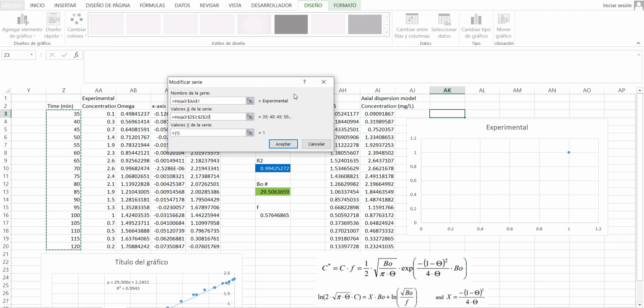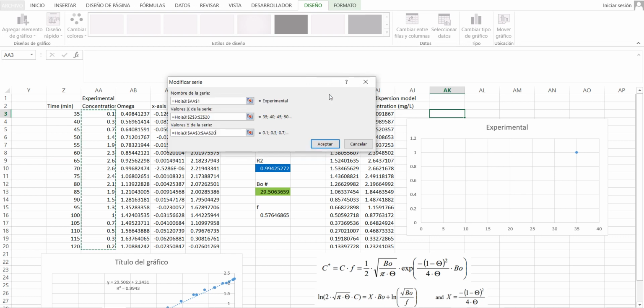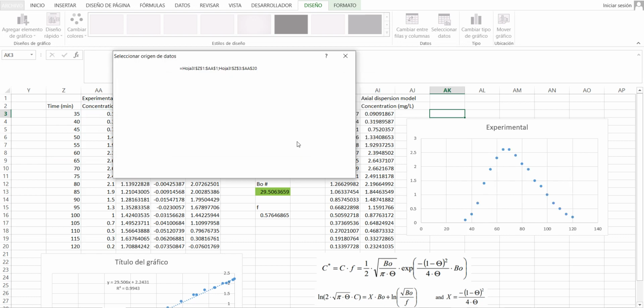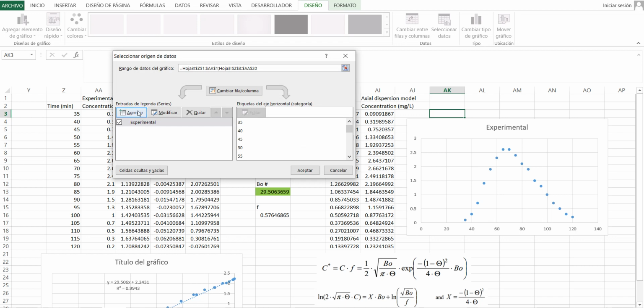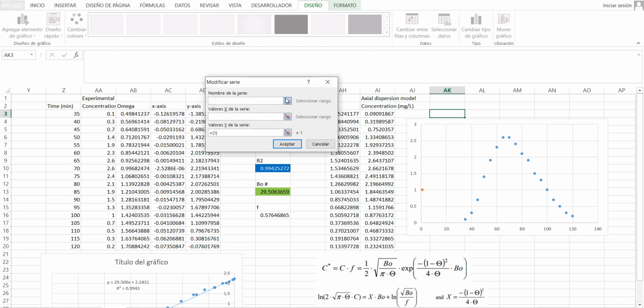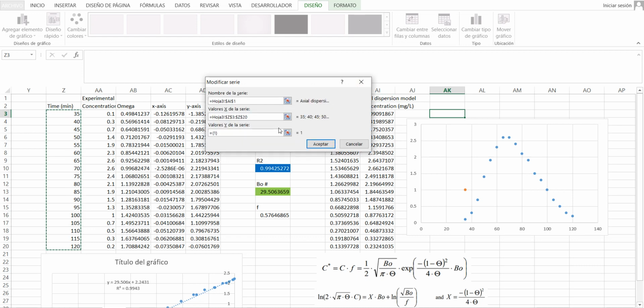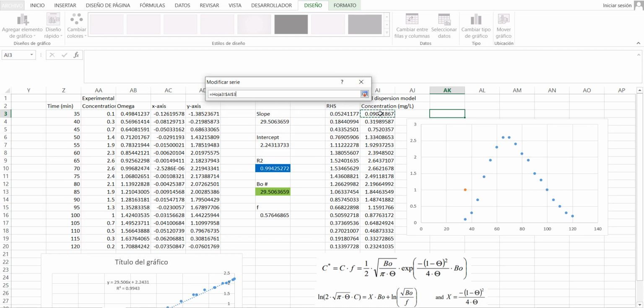The y-axis would be the concentration given by the problem by those scientists. And let's add our axial dispersion model, taking the same residence time, but now the predicted concentration.